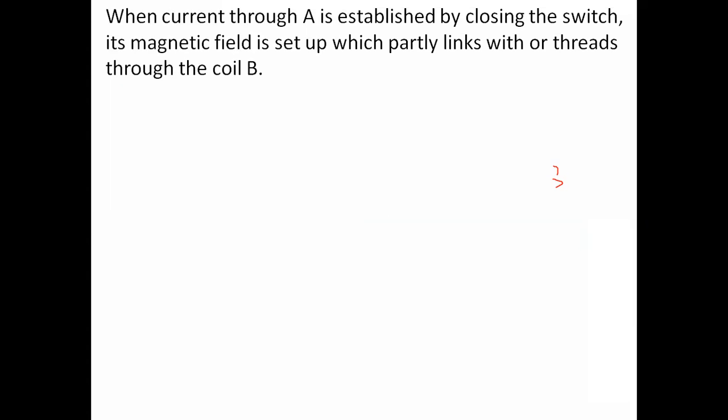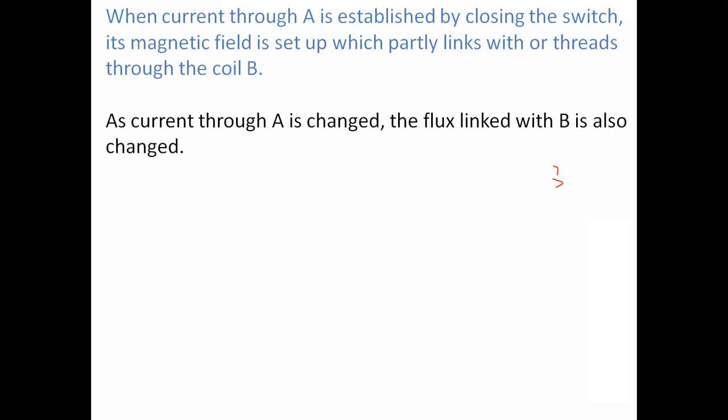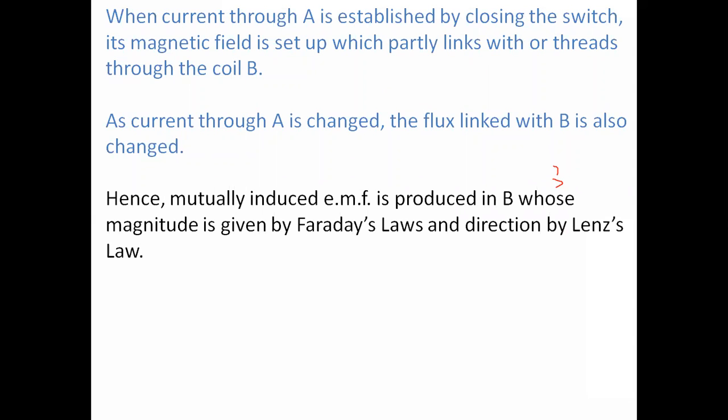When current through A is established by closing the switch, its magnetic field is set up, which partly links with coil B. Hence, a mutually induced EMF is produced in B, whose magnitude is given by Faraday's laws and direction by Lenz's law.